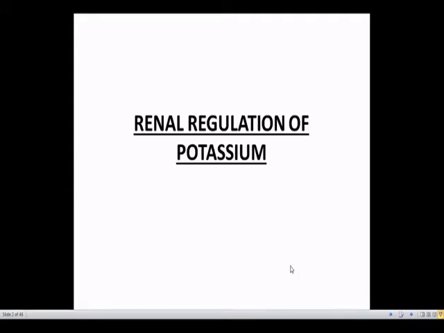Renal regulation of potassium. The control of extracellular fluid potassium concentration is necessary because many cell functions are sensitive to changes in extracellular fluid potassium concentration.